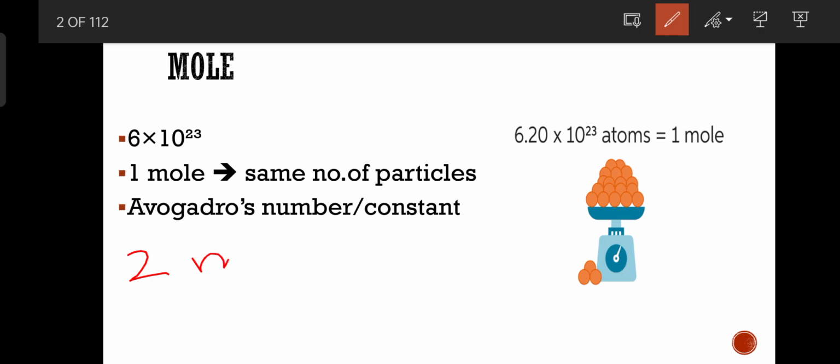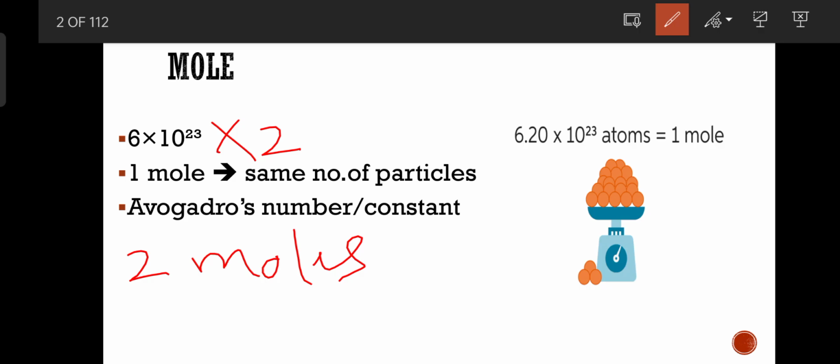So if you consider 2 moles, for 2 moles you have to multiply this value with 2. Now the 2 moles of any element in periodic table will have same number of particles.